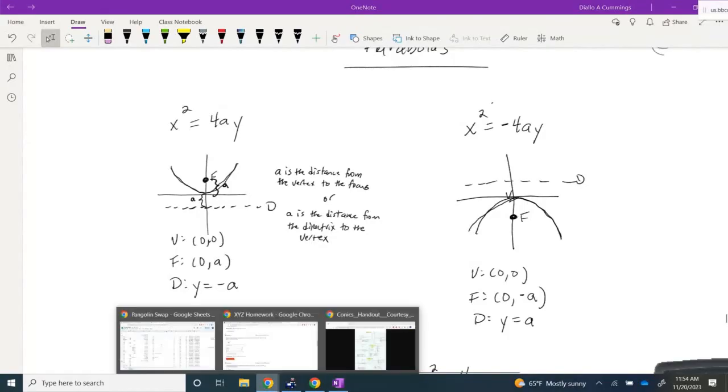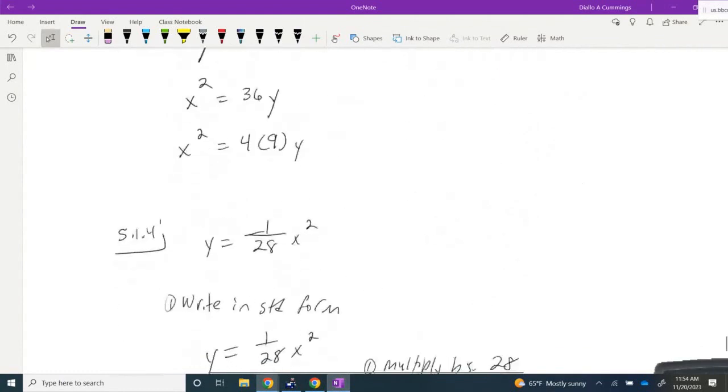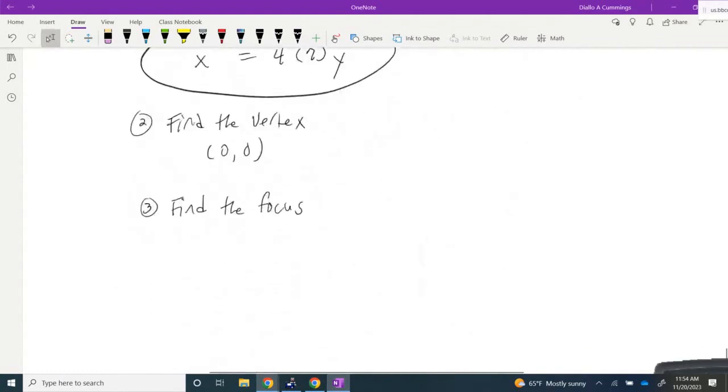So our focus is 0, comma 7. And our directrix is y is equal to -7.